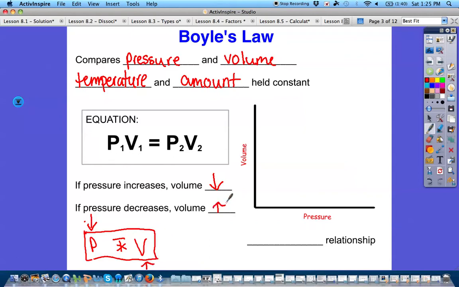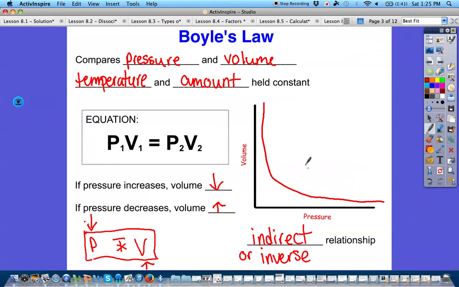So since these are basically opposites of each other, they're not both increasing or both decreasing, this is what we call an indirect or an inverse relationship. So the graph is going to look like this, an inverse curve.